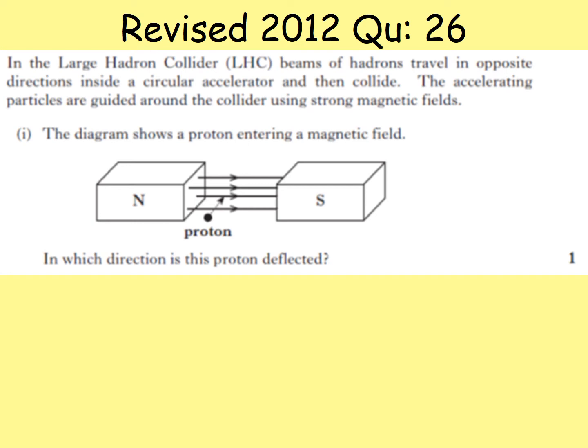However, my first finger shows the direction of the field, so I need to flip my hand over. And as I flip my hand over, I can see that my second finger, middle finger, is pointing in the direction of the proton. My first finger is pointing in the direction of the field, which is going to the right. And then my thumb is pointing down. So the direction the proton is deflected is down.